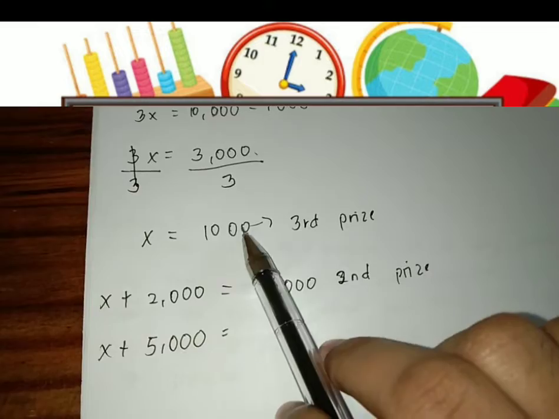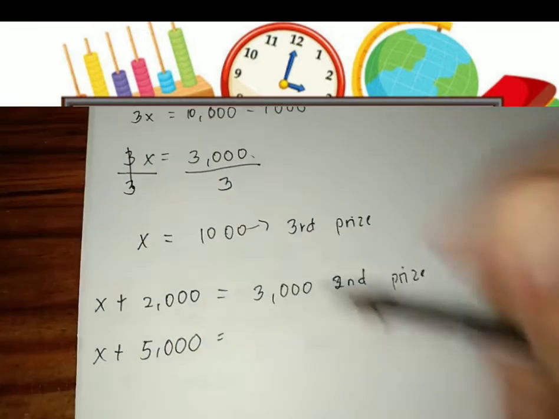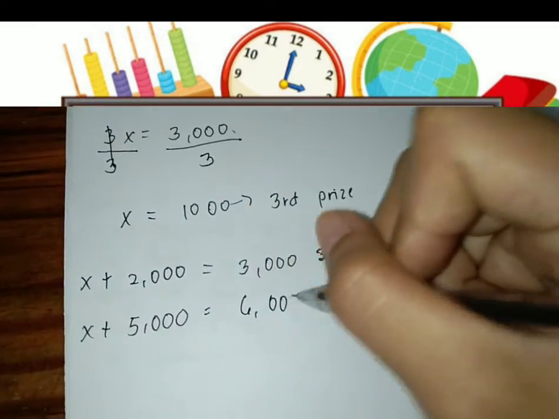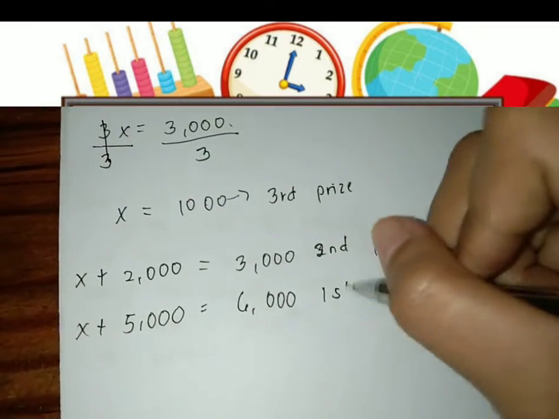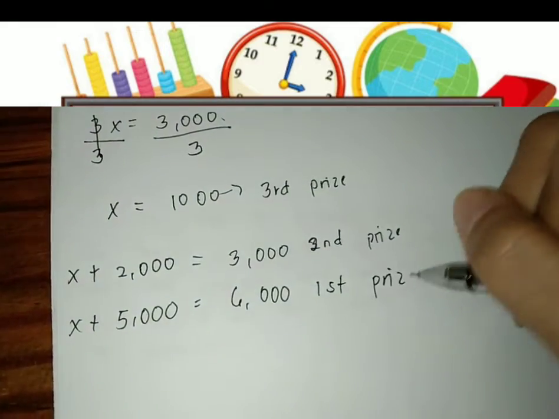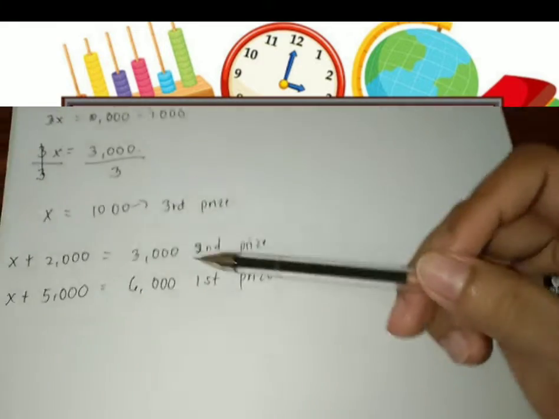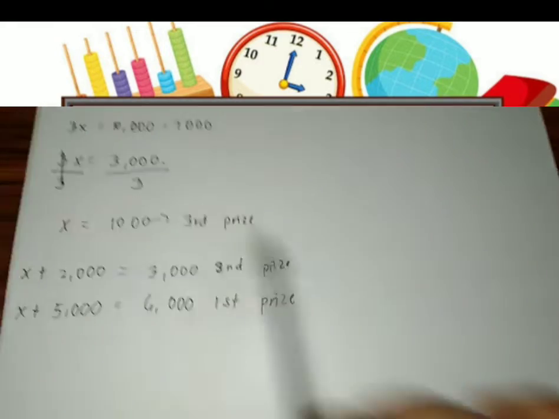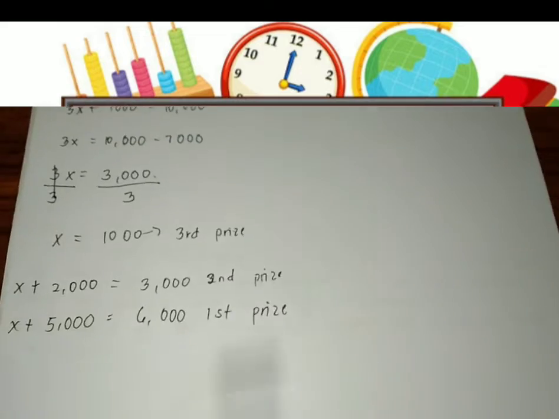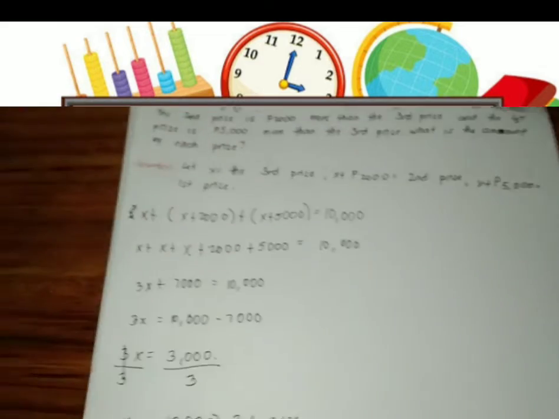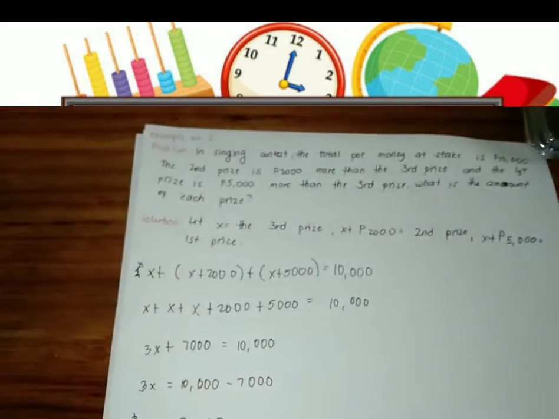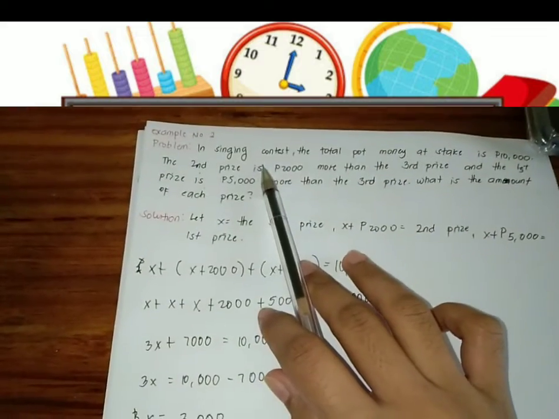Our x is 1,000, so 1,000 plus 5,000 is equal to 6,000. So this is the first prize we were looking for. This is the way to solve example number 2 in problem number 3.